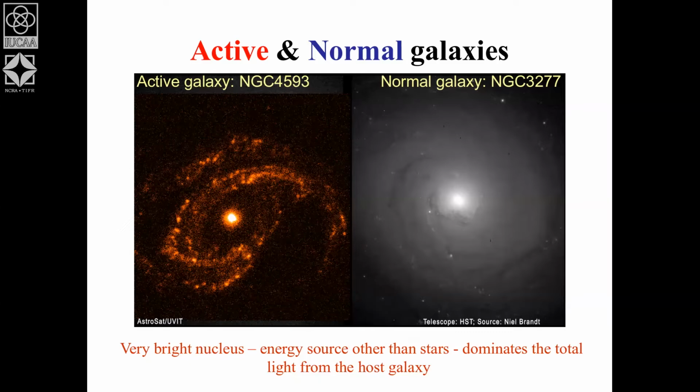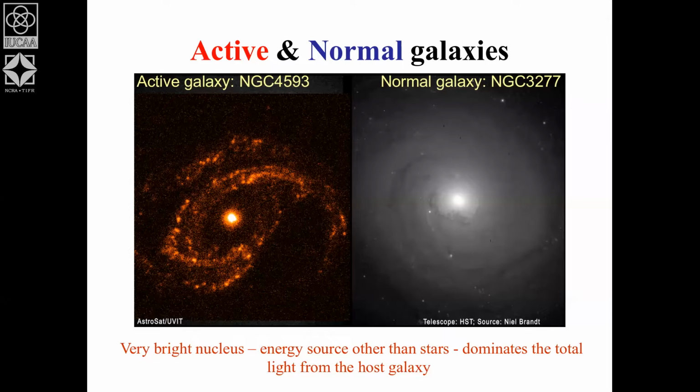For example, on the left-hand side, I have put a picture of an active galaxy, NGC 4593. Here you see a very bright nucleus, and of course, the spiral arms. On the right side, there's a picture of a normal galaxy, NGC 3277, and here you see a lot of diffuse emission. The central region is brighter, but this is not an active nucleus.